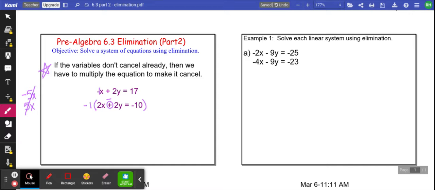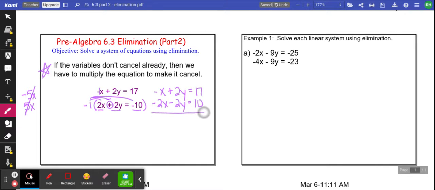So when I multiply to get this to be negative, I have to multiply every single term by negative 1. So it's just like we're distributing all the way through. All right? So this guy's going to stay negative x plus 2y equals 17. And this one is going to be distributed. So it's going to be negative 2x minus 2y equals positive 10, because they all become their opposites.